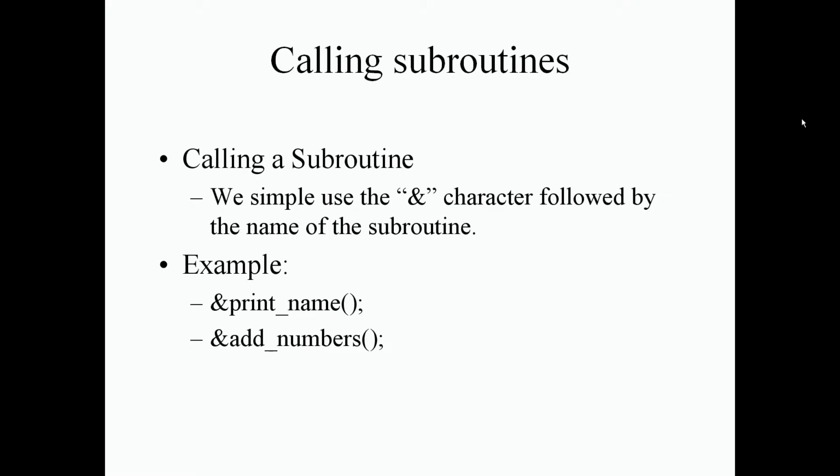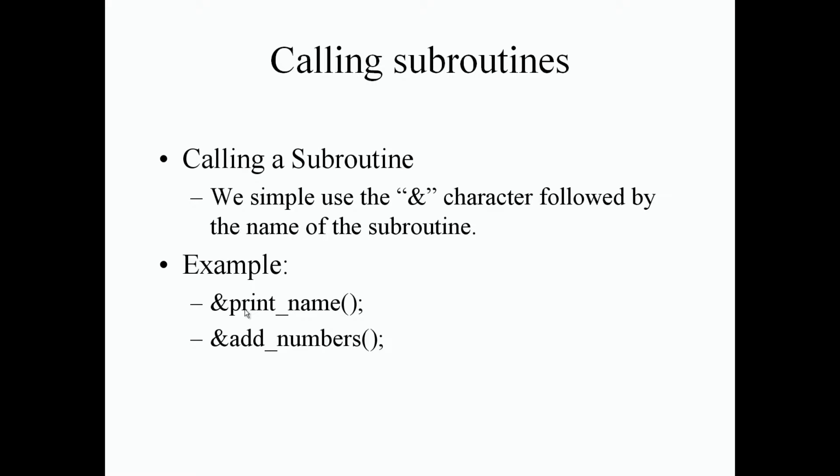So for a quick example, this is how you define and call a subroutine. Again, we use the & character first, followed by the subroutine name that we define. And again, we have to use the Perl identifier rules.